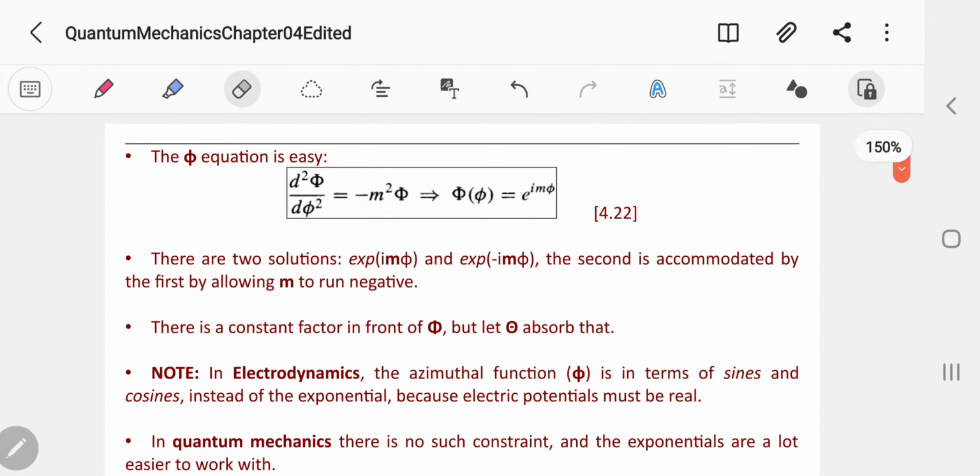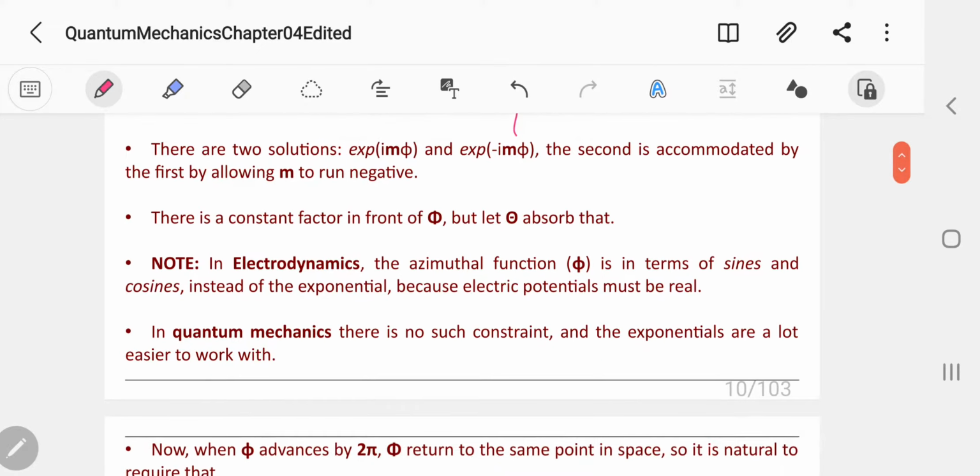Also there's a constant here, but let that constant be absorbed into the constant of phi, so that it would be simpler.